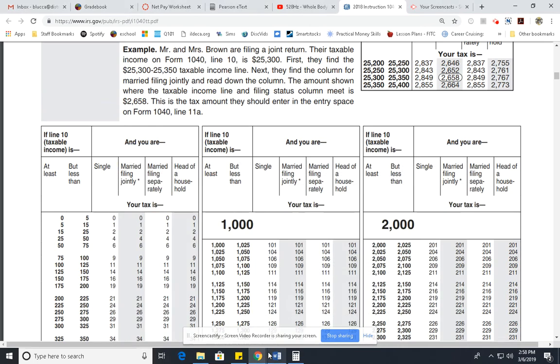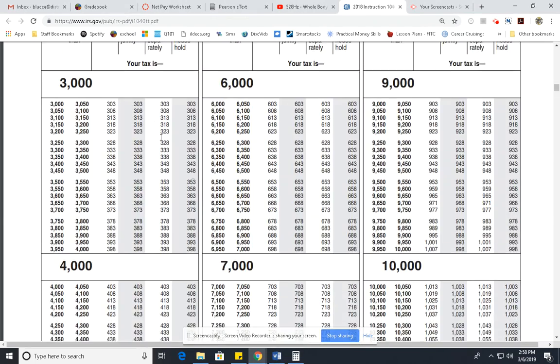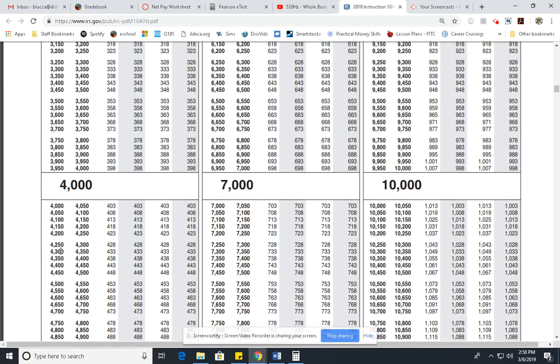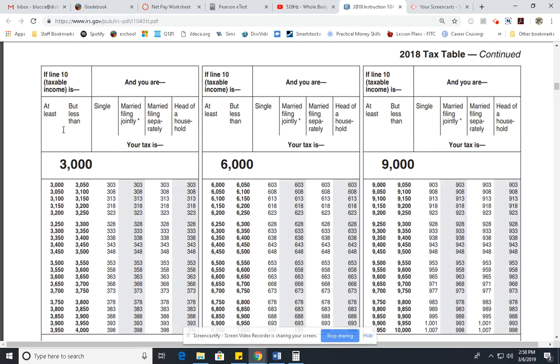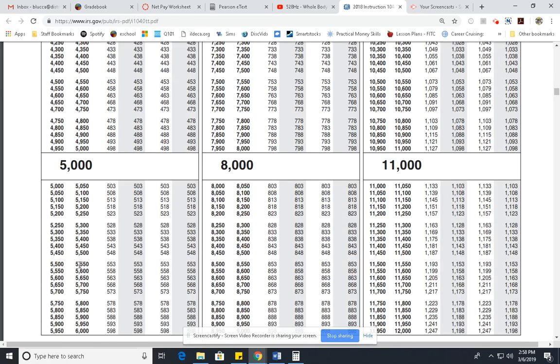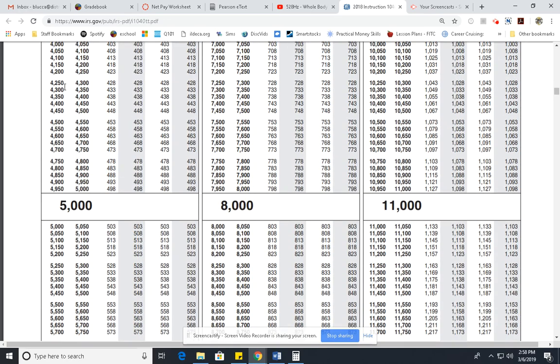So let's just go down to the 4000s: 1000, 2000, 3, 4. So we're down here. And I said 4,350. Let's see, but less than 50. It's a little bit confusing, but 4,350 is actually anything under 50. So I'd go to this one.